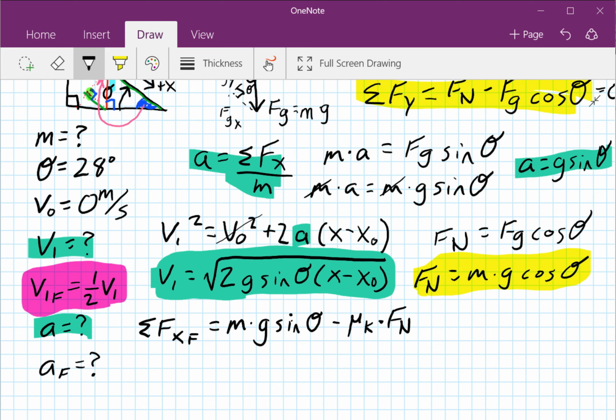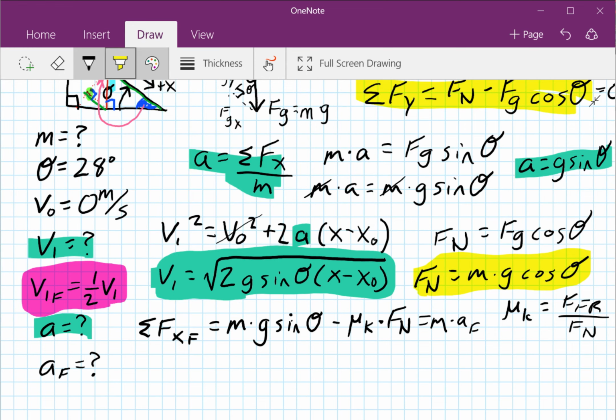You could rewrite the coefficient of kinetic friction equals FFR divided by Fn. If you multiply Fn over, it's the same thing. And that's going to equal the mass times the acceleration with friction.